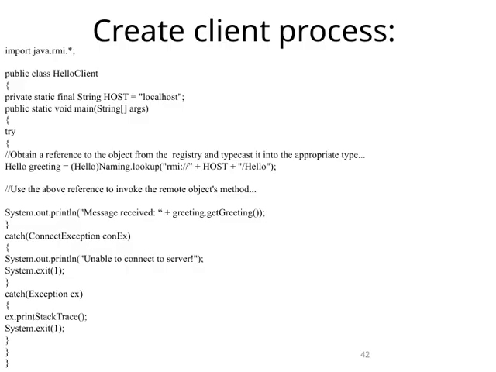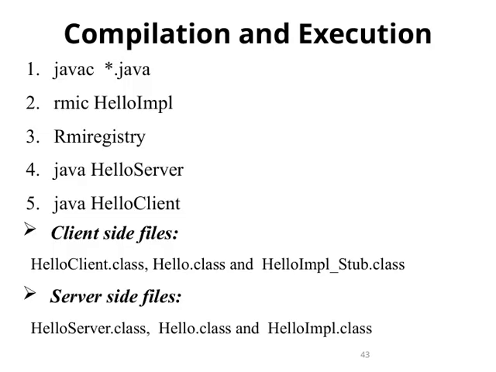Overall, this code demonstrates the fundamental process of creating an RMI client, looking up the remote object, invoking methods, and handling potential errors gracefully. This connects back to our broader discussion on distributed applications and how RMI allows us to invoke methods across network boundaries seamlessly.